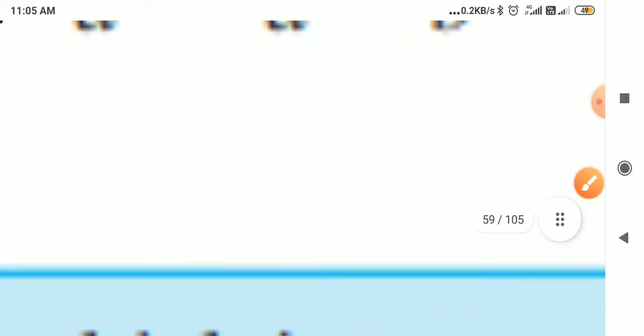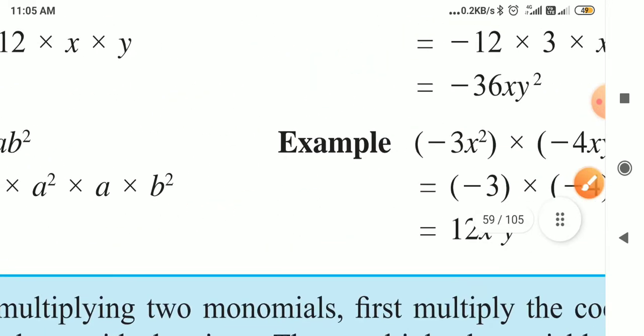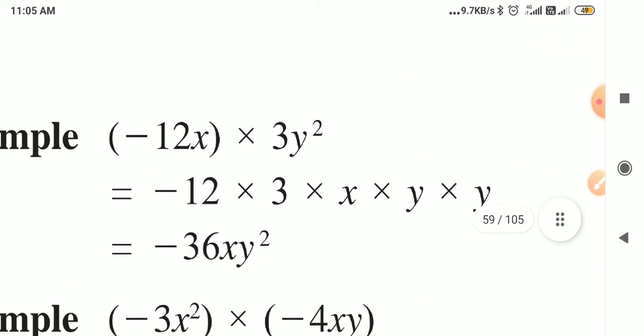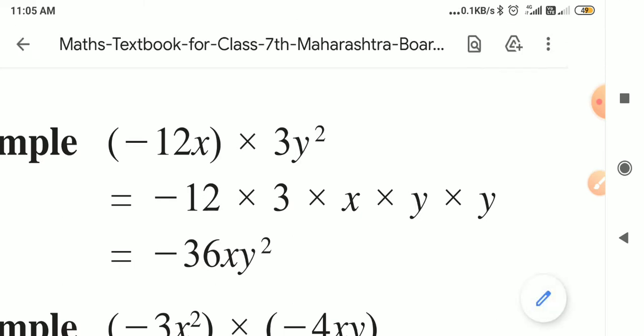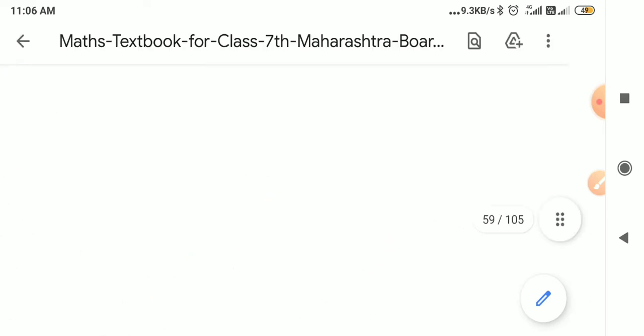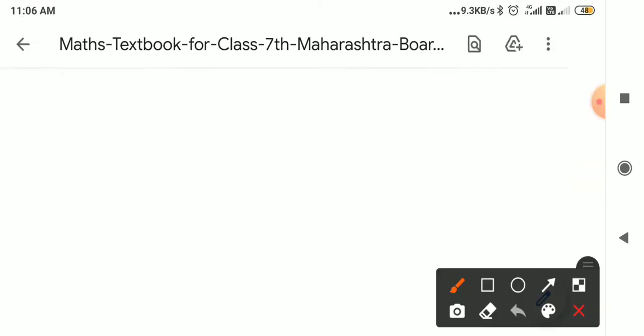It was easy. Now we will see the next example, that is minus 12x and 3y square. So in its multiplication also we have to follow the rules that we had studied in the multiplication of integers.